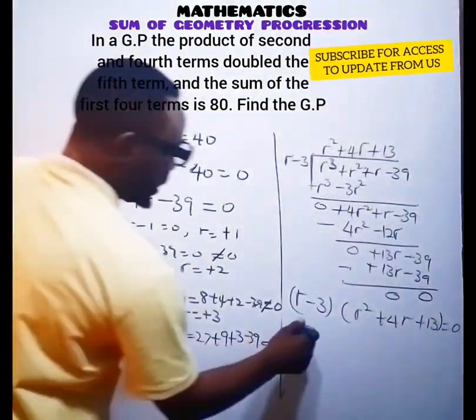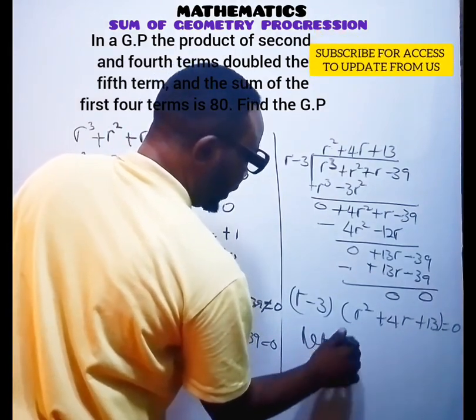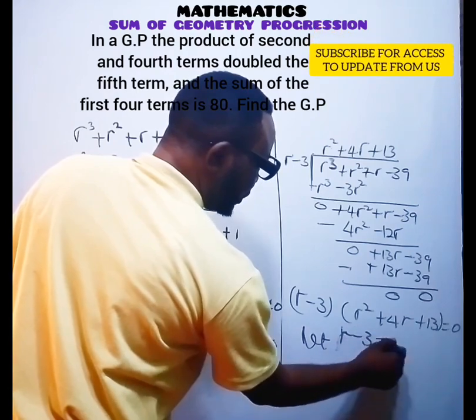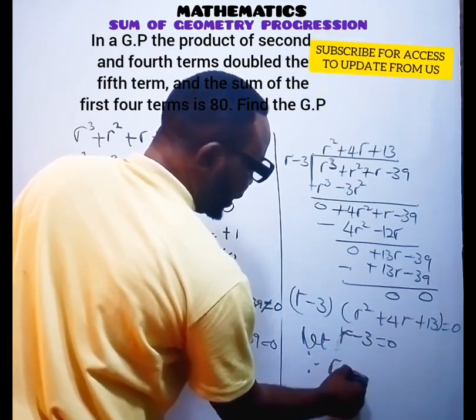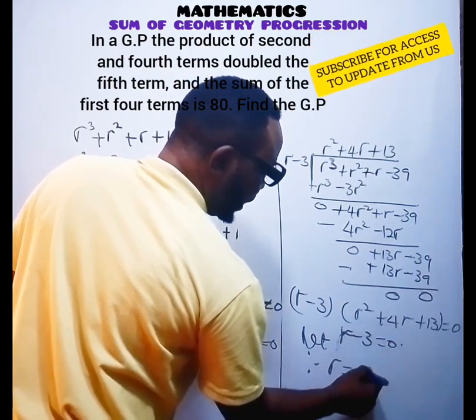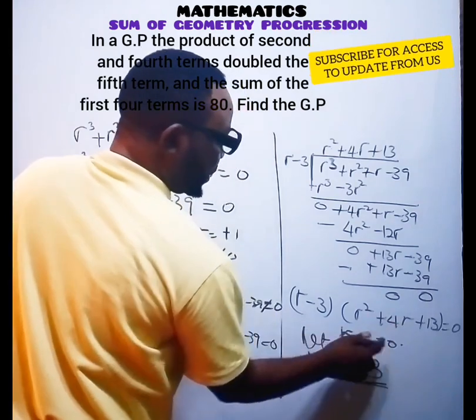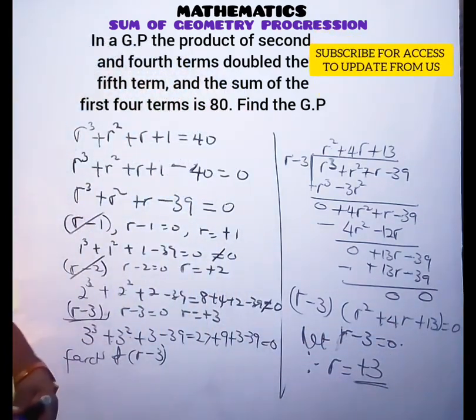So you can also say let r minus 3 equal to 0. Therefore r will be equal to, taking this 3 across, plus 3. When a negative value crosses the equal to sign, it becomes positive.